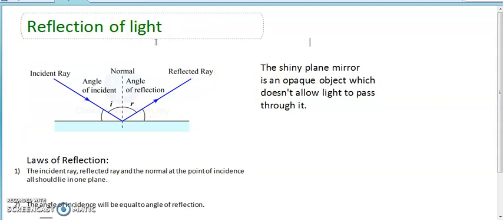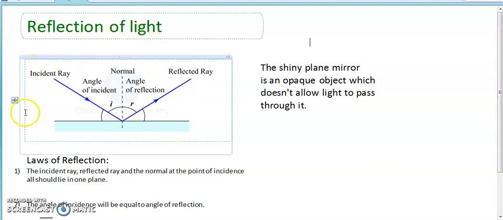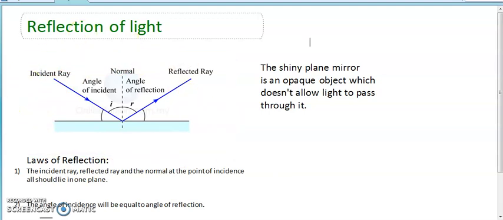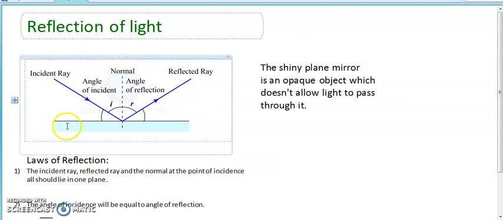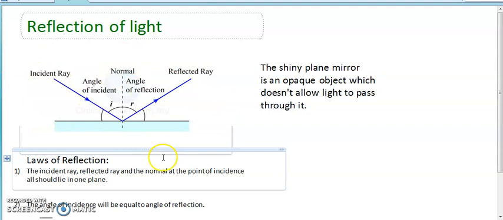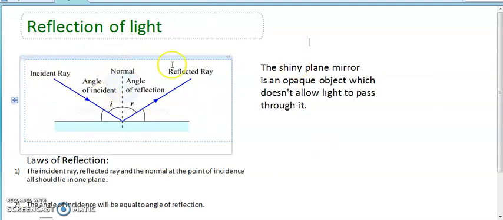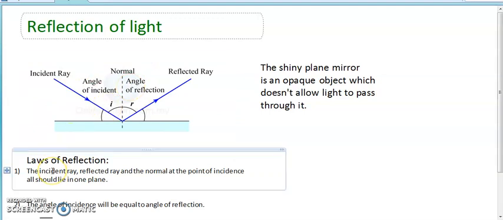Here, my screen is my plane. In this plane, the incident ray, reflected ray, and the normal all should lie in that screen itself. That is the very first law of reflection.